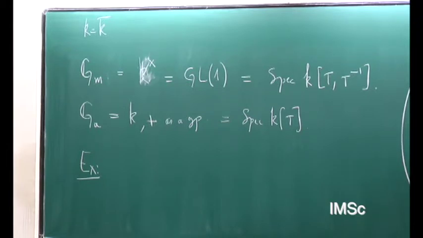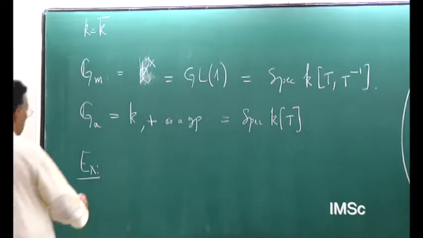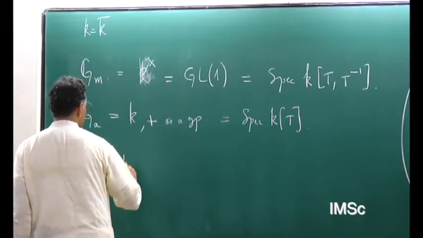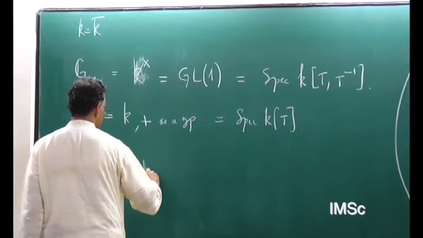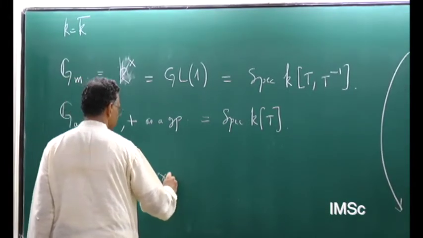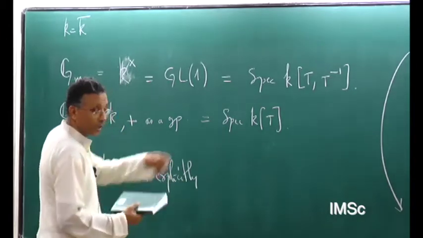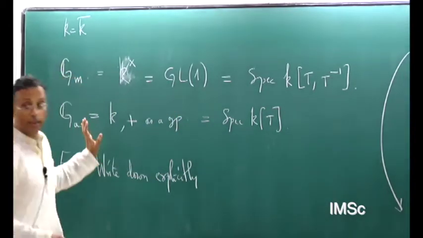right? To make it a Hopf algebra, there is a co-multiplication and there is a co-unit. The question is, what is that? So write down explicitly. That they are Hopf algebras is implicit because these are linear algebraic groups.